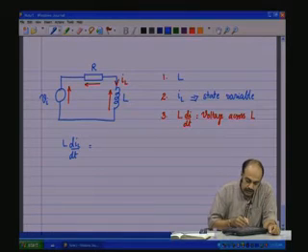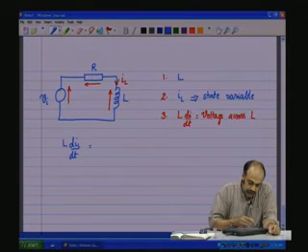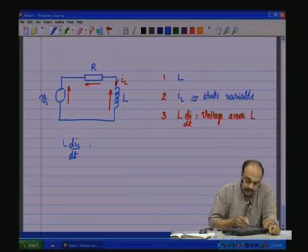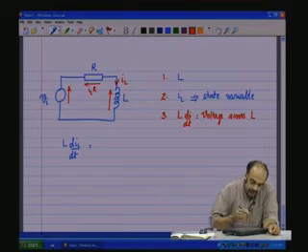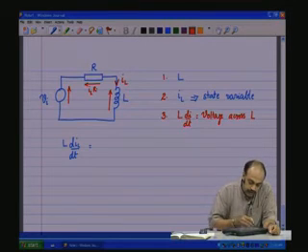Now, what is the voltage across the inductor? One end is ground here, the circuit ground. The other end here is Vi minus the voltage across R. And we know the state variable IL is flowing through whole of the circuit, and therefore, the drop across this is nothing but IL into R. So, Vi minus IL into R is the voltage across the inductance.